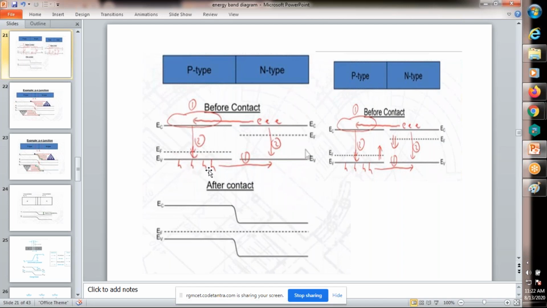Similarly, in p-type material holes are majority carriers; they diffuse into the n side and combine with electrons. During this process, the number of electrons increases on the p side and the number of holes increases on the n side. Due to this, the Fermi level increases on the p side and decreases on the n side, right?